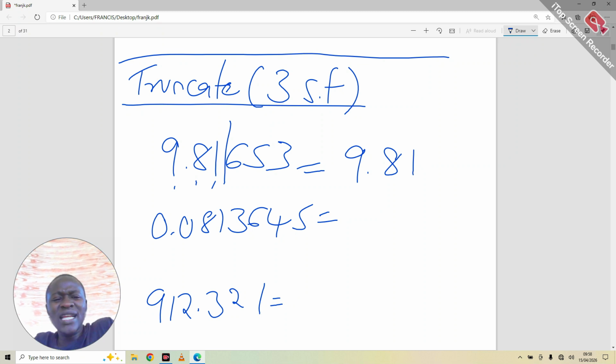That is the simplest way I can tell you what a significant figure is. But zero is a significant figure when it appears after a whole number.